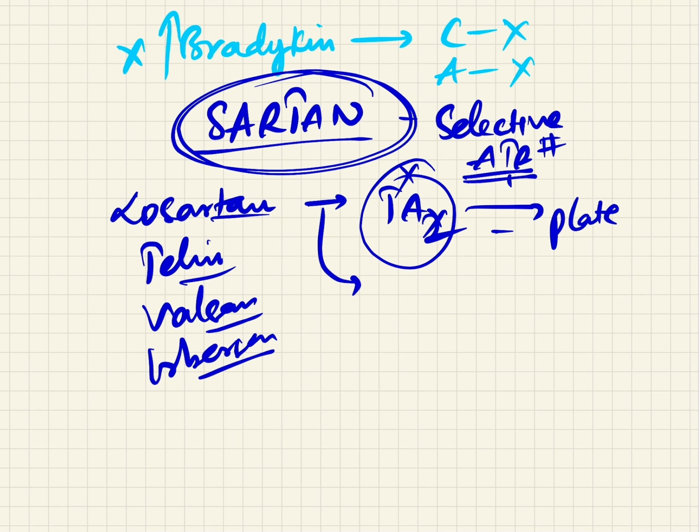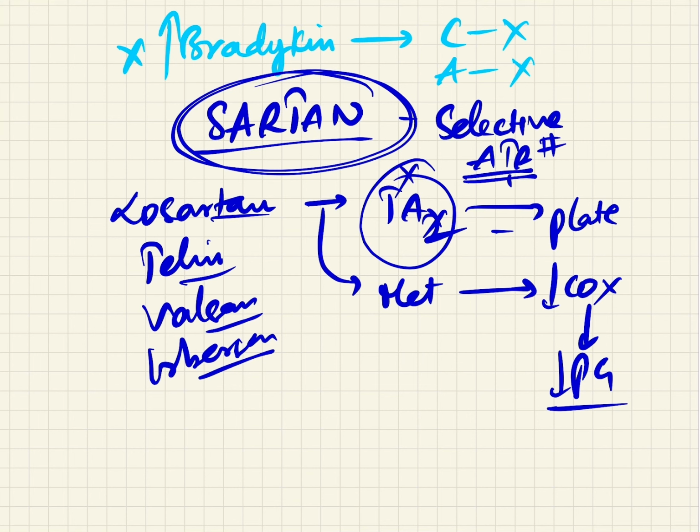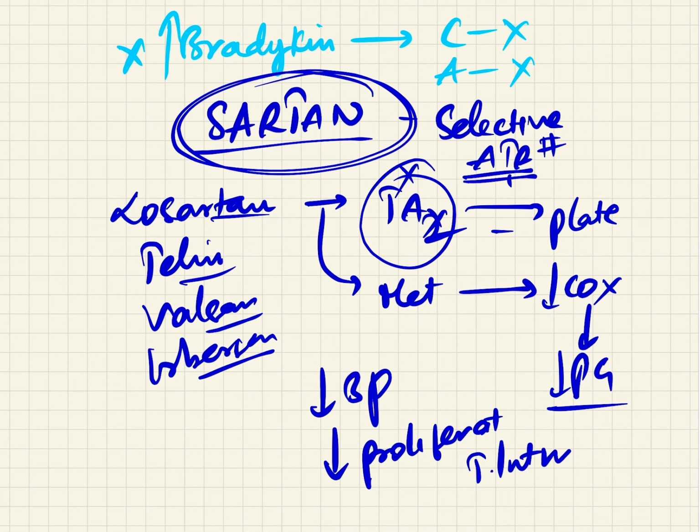And one of its metabolites reduces the cyclooxygenase enzyme and decreases prostaglandin synthesis. These ARBs also reduce the blood pressure, and together with that, they also reduce the proliferation of the tunica intima of the artery.